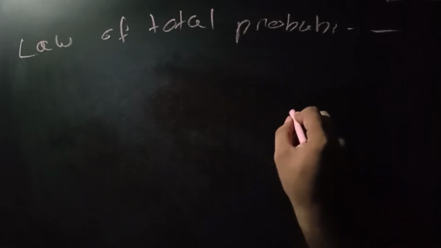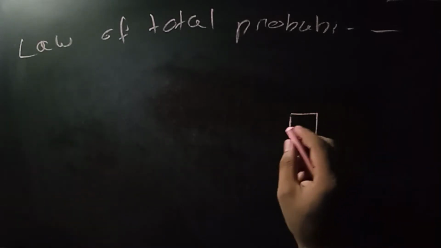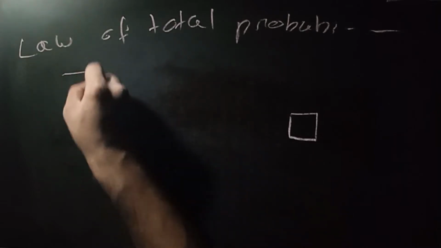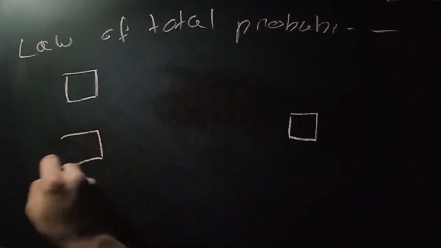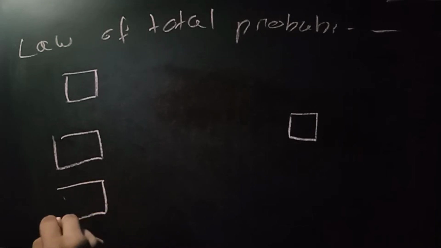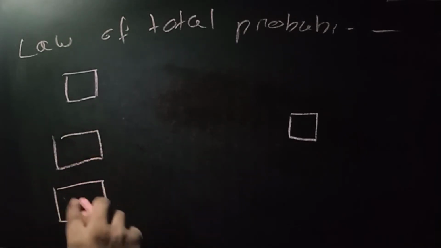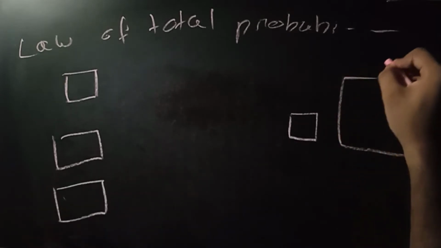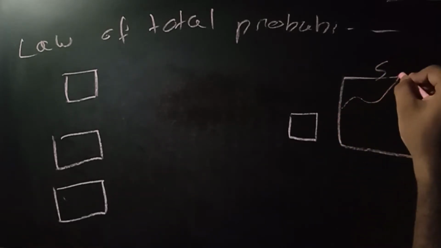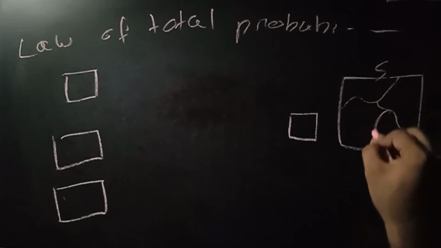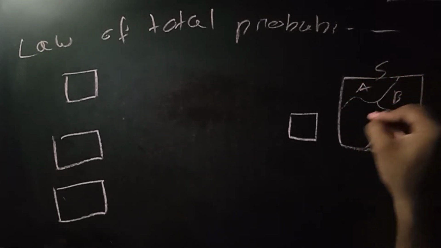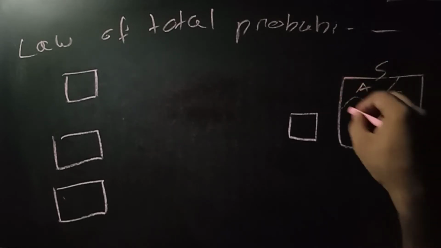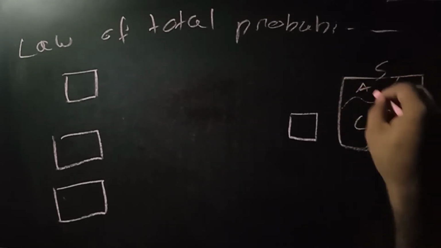Let's say there is an outcome, and there are some events that are mutually exclusive and exhaustive. Let's say this is the sample space, and the events are A, B, C, D. There is no common region, and they totally fill the whole sample space.